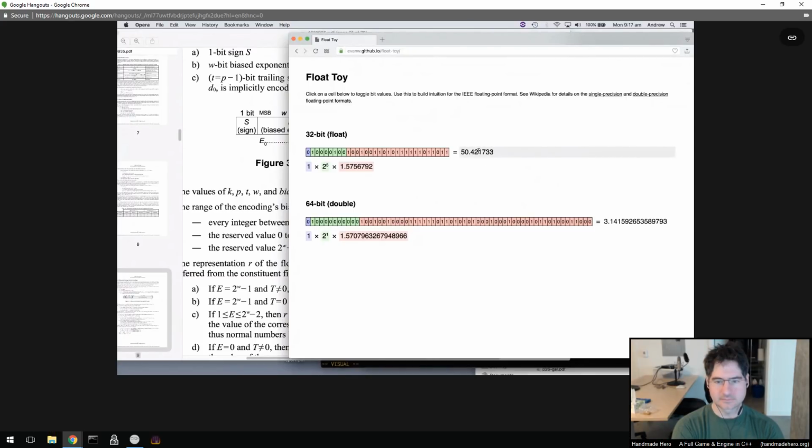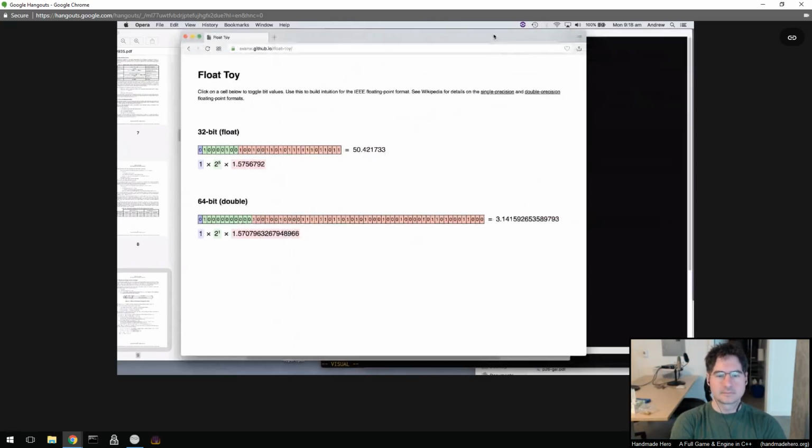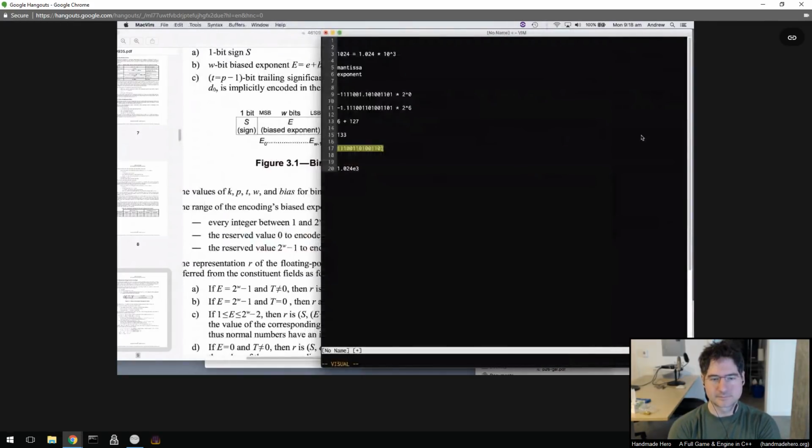It has 32-bit and 64-bit. So if you want to work with this in a little more detail and get familiar with it, I use this a lot writing the notes. It's a very useful little thing to know about. And it's got links to the Wikipedia pages on single precision and double precision, if you want it explained better than I can. All right, so that's how what we call normal numbers are represented.